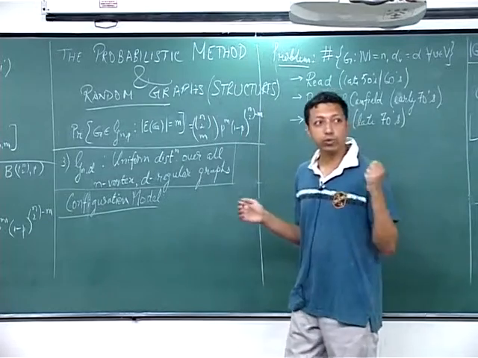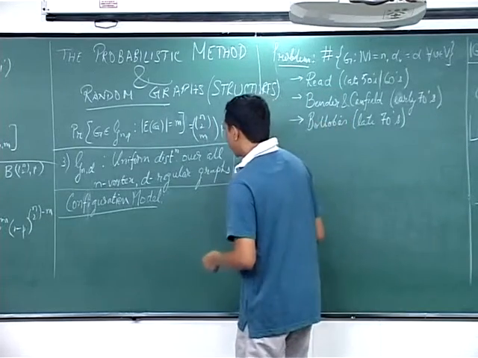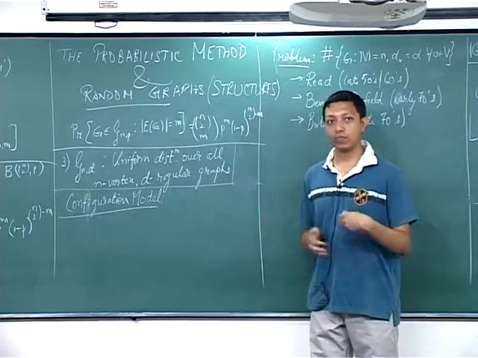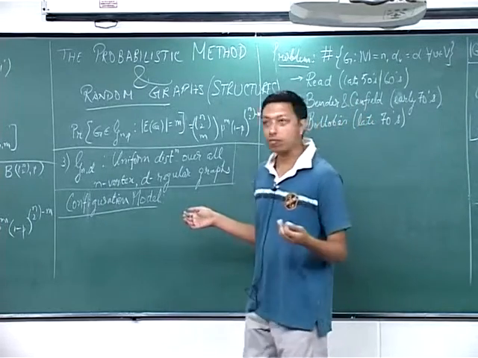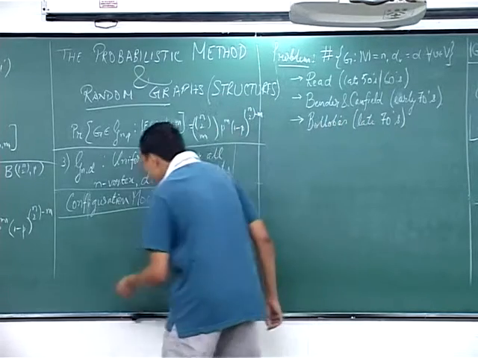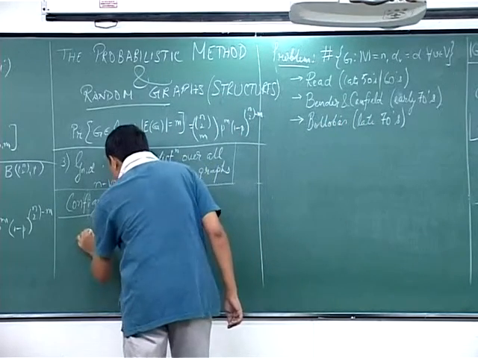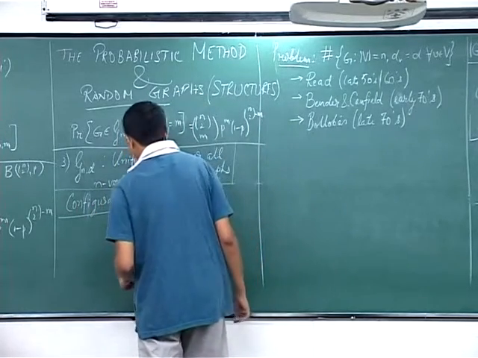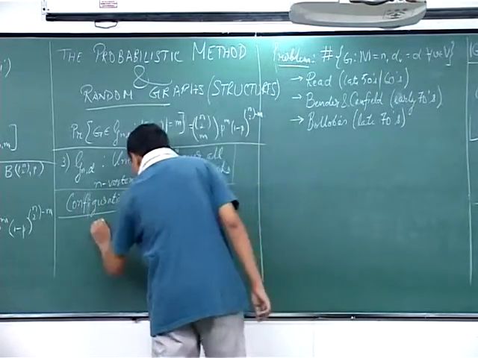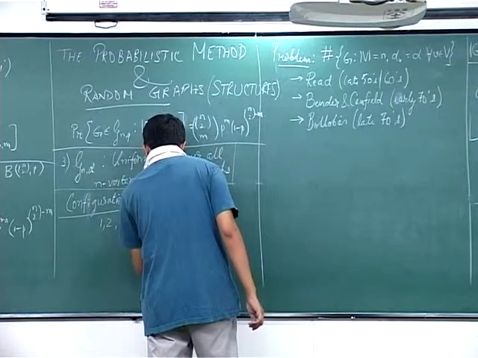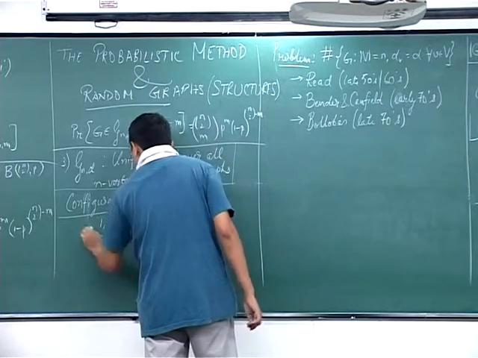Yeah, nd by 2. So how many half edges do you have? It's nd. So you have nd half edges. You split them in groups of d. So you think of a set 1, 2, ..., nd.